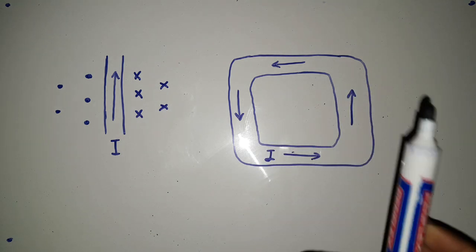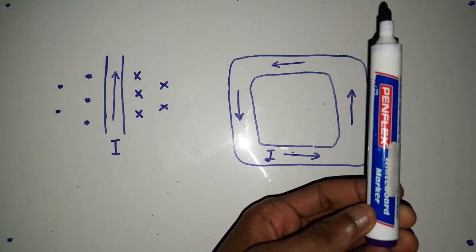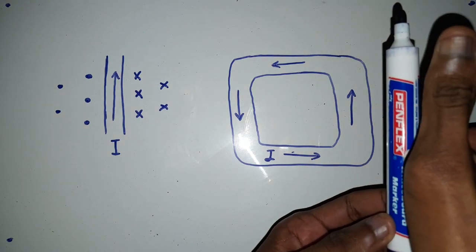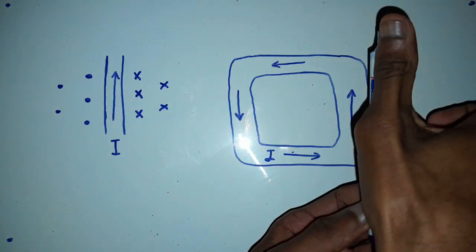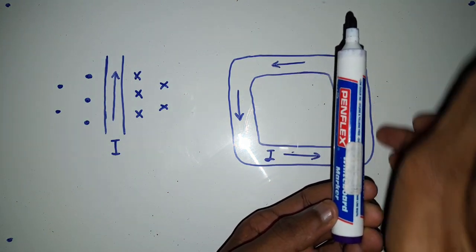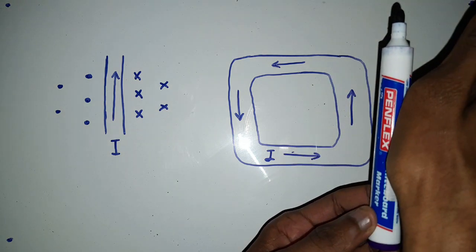I'm going to do it like this. On this section, the direction of the current will be upward like this. Then on this side, the magnetic field is going to move towards the page.